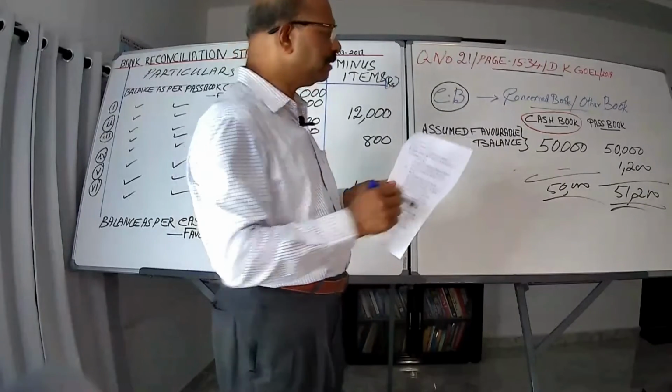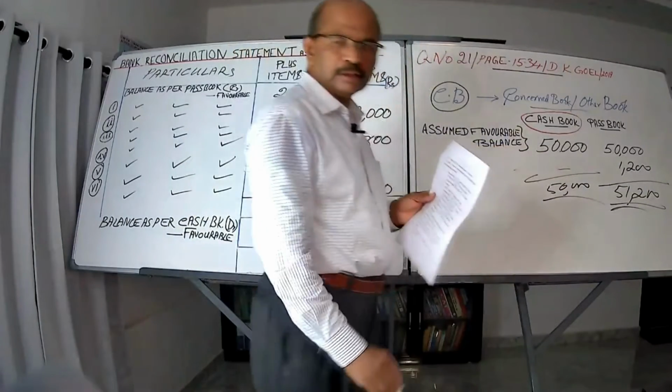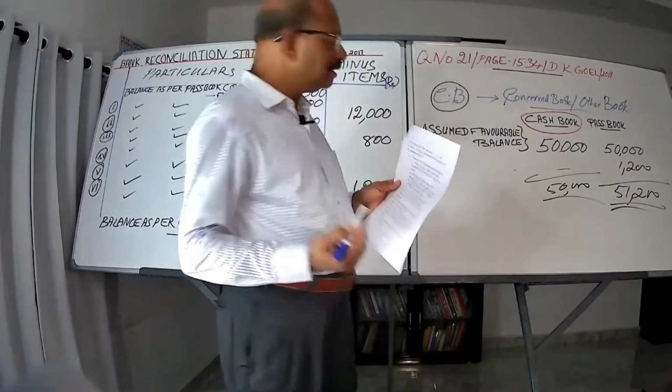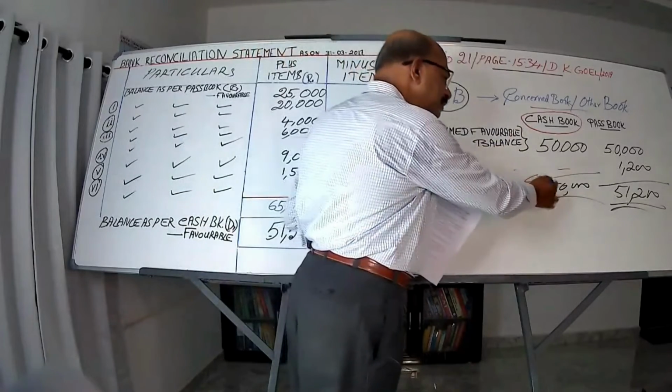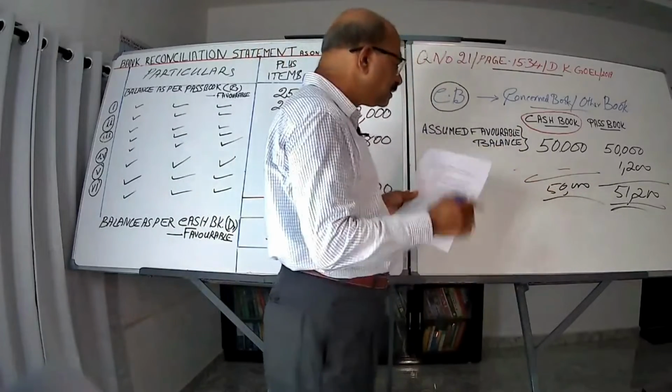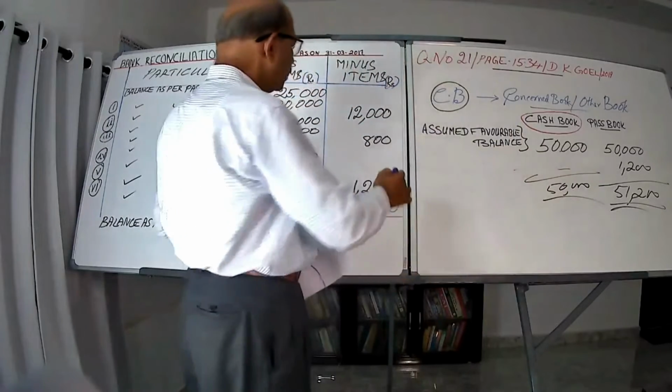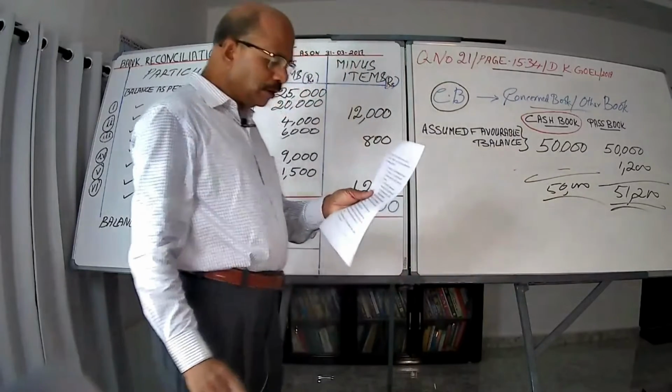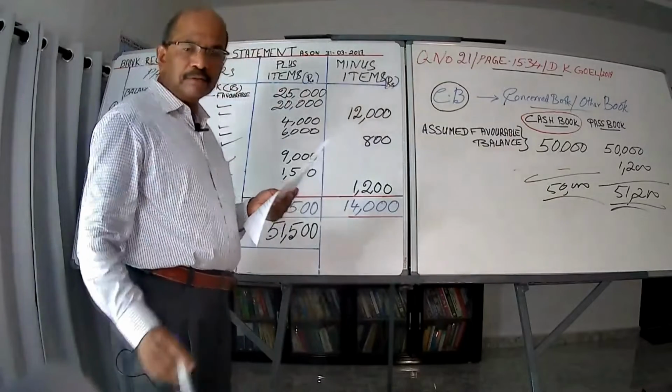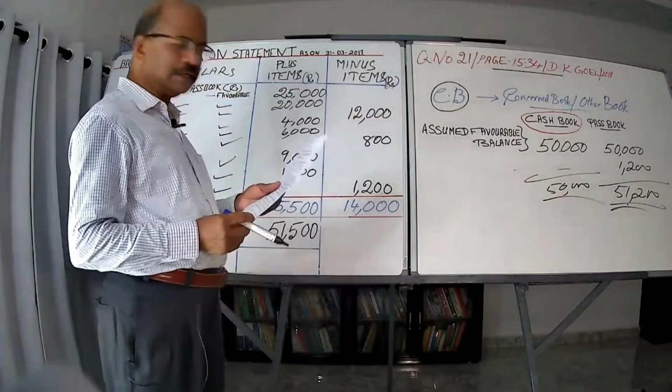So there is a credit, balance has gone up. I was not aware of it. Hence, my balance was intact. It's 50,000. So there is a decreasing effect that I am showing here. So we have dealt with all the cases of discrepancies.